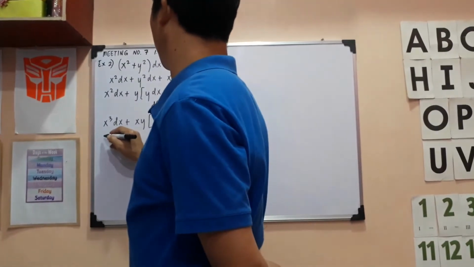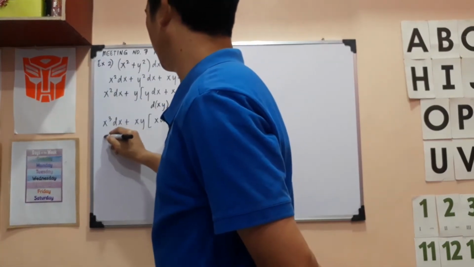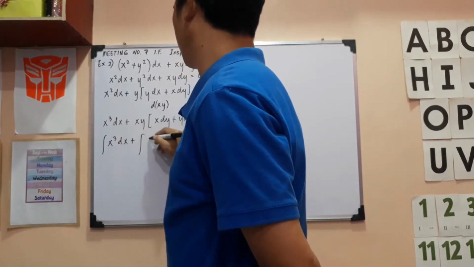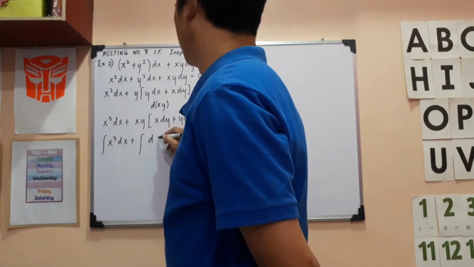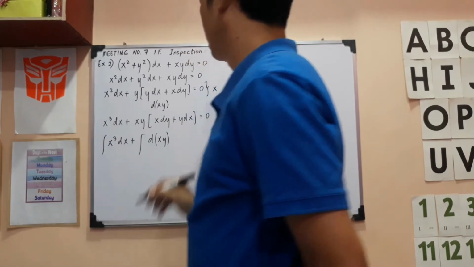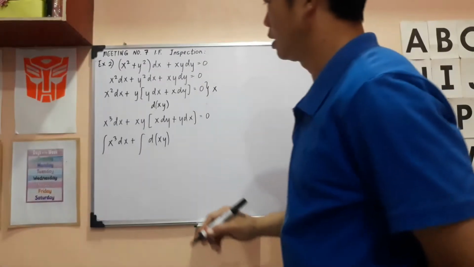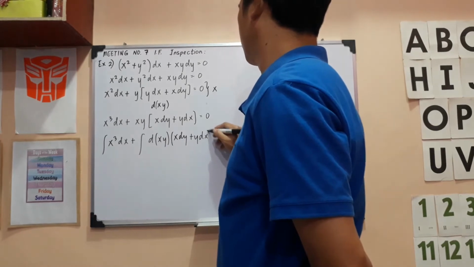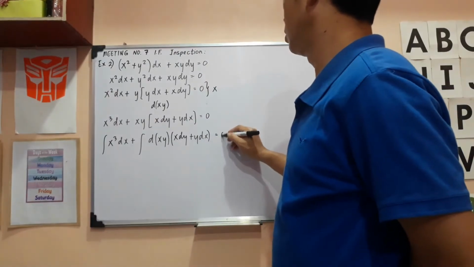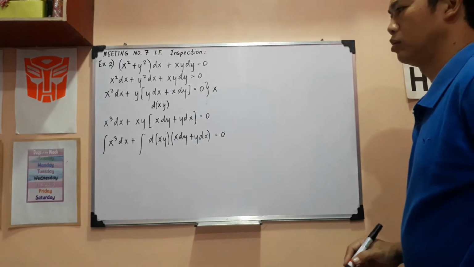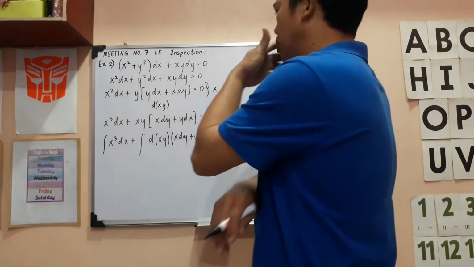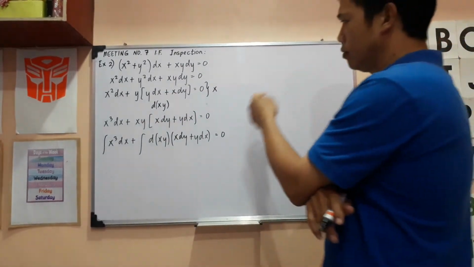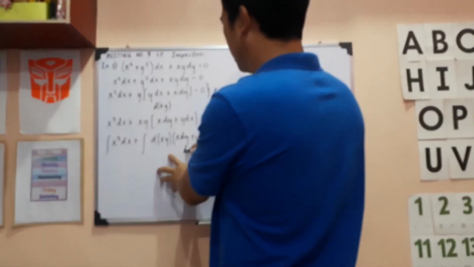So now, pag in-integrate natin, the integral of x cubed dx plus the integral of the derivative of xy and then x dy plus y dx. Di ba? That is equal to 0. So meaning, ito ay derivative ng xy.